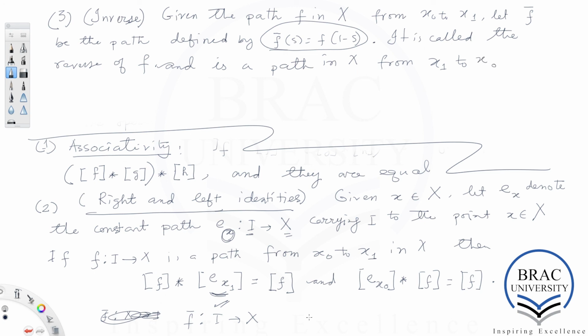Why? Because you immediately see that f bar at 0 is equal to f of 1, which is x1, and f bar at 1 is f of 0, which is x0. So it's a path from x1 to x0, which is called the reverse of f.